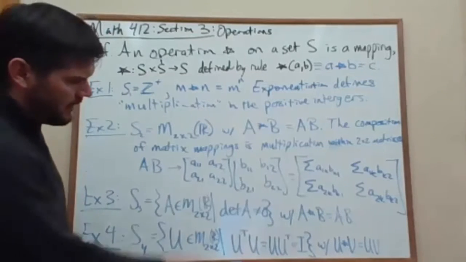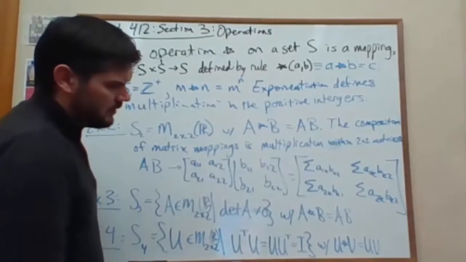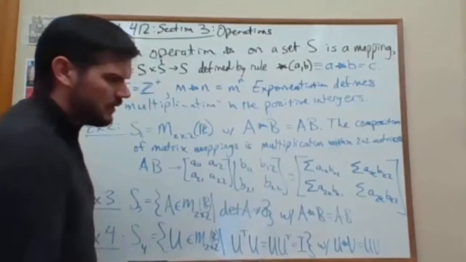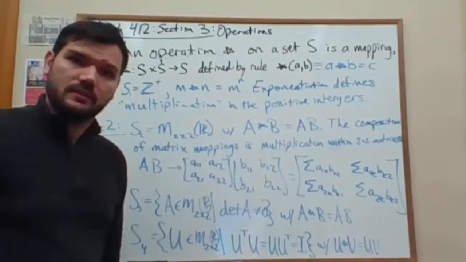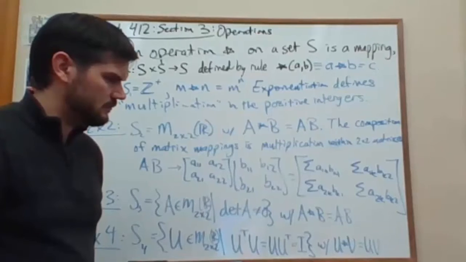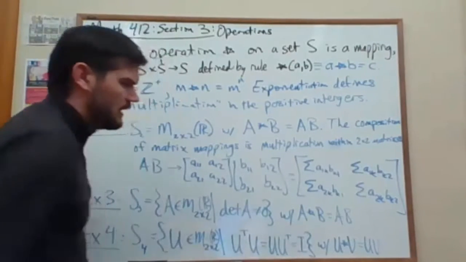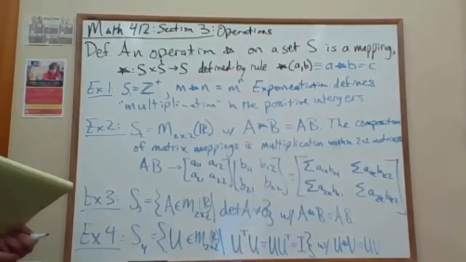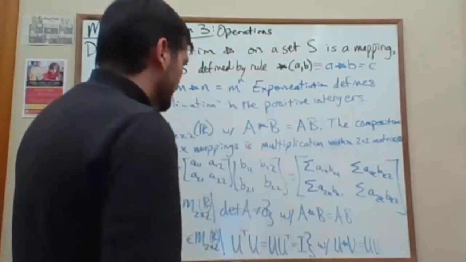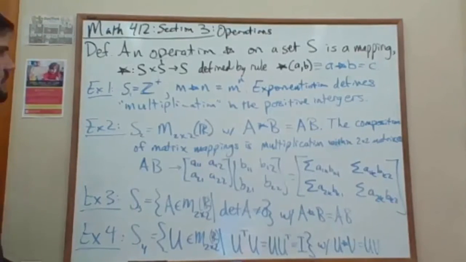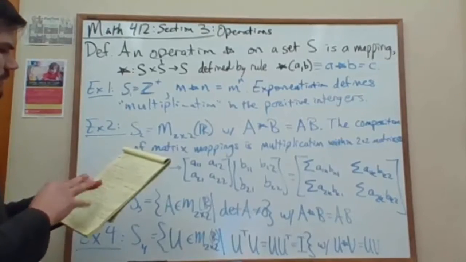Real orthogonal just means we have real matrices whose transpose is their inverse. That's what this is saying. Whose transpose is its own inverse. Okay, so those are our 3 examples we're going to work with.